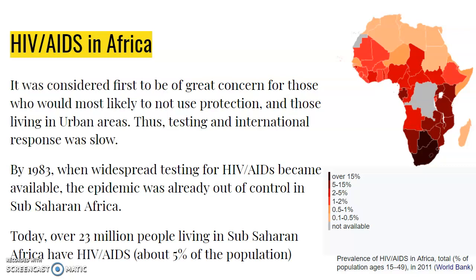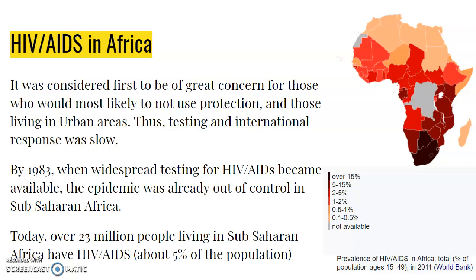And because these countries, for the most part, are very impoverished, it makes it really difficult for treatment to be administered in the appropriate manner and for education, like the knowledge of how to stop the spread, to be handed out to people in the community. So it was already out of control by 1983, and there wasn't enough testing, there wasn't enough medication, there were so many people and just not enough resources to get to everybody.